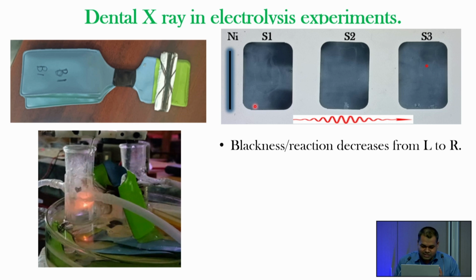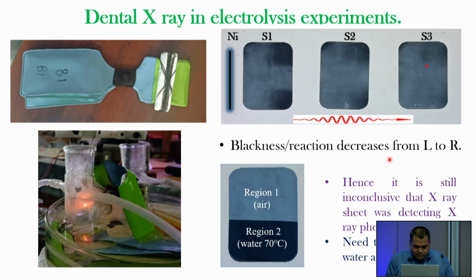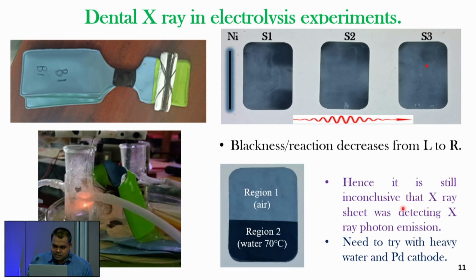So basically, the photons are traveling from S1 to S3. Could this blackness or reaction that we observed in these dental X-rays signal that we have a photon emission? Well, we are still inconclusive because since we worked at higher voltages, the temperature of the liquid was high.